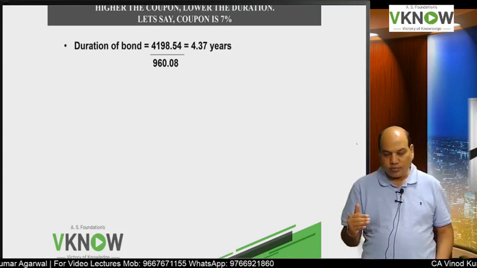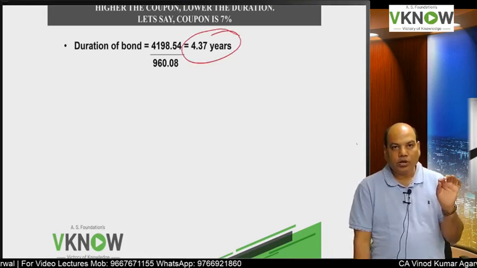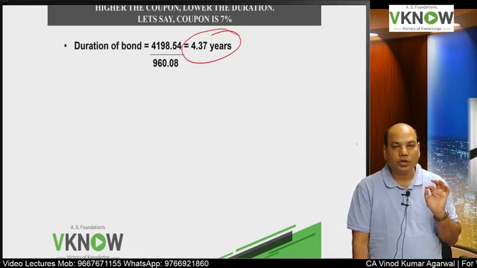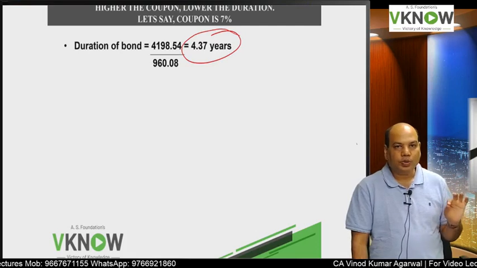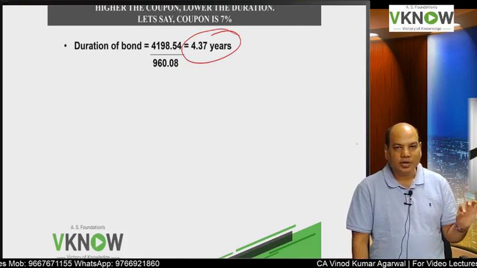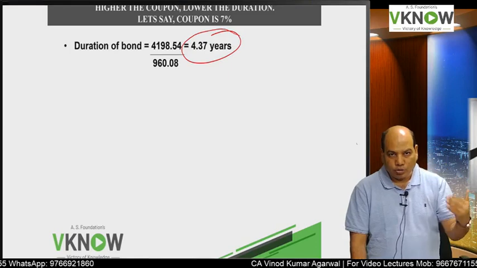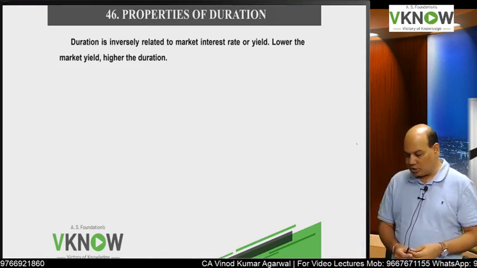Now you see, this 4.37 years is lower than the answer you got in question number 42. The reason being, this time the coupon rate is higher than the coupon rate of question 42. So I have again proved: higher the coupon rate, lower the duration.